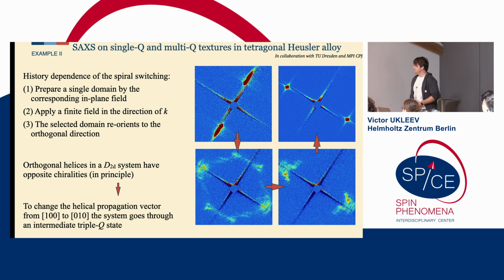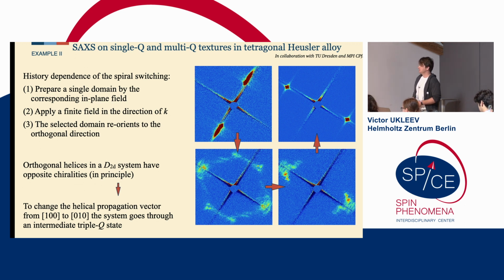And the most surprising thing is we have found that if you stabilize a single domain structure with the propagation vector along, say, 100, and then you apply the magnetic field along the Q vector, so this spiral structure wants to reorient orthogonally to it, the reorientation process actually goes via some triple-Q magnetic structure showing a hexagonal spot lattice.